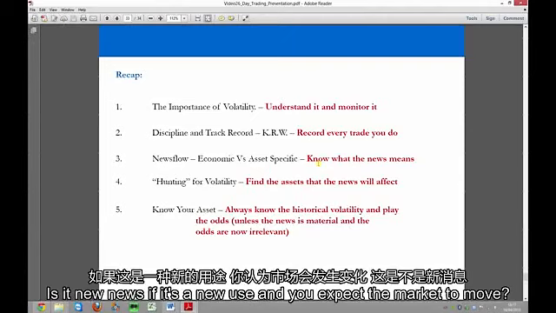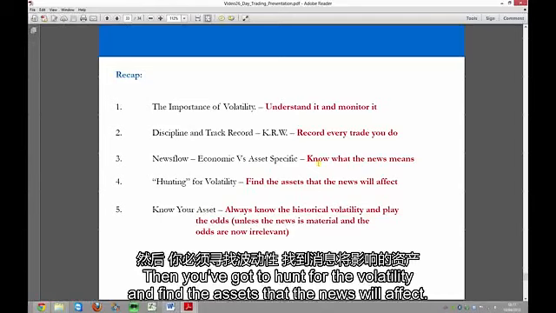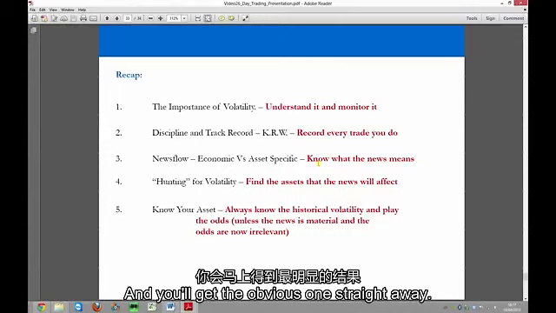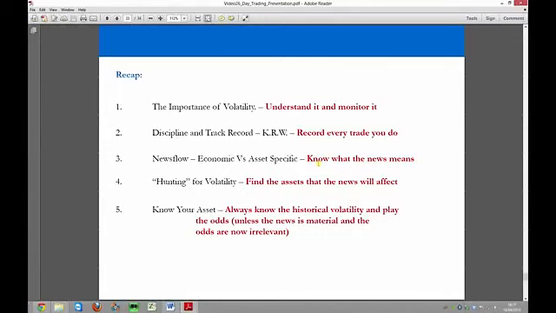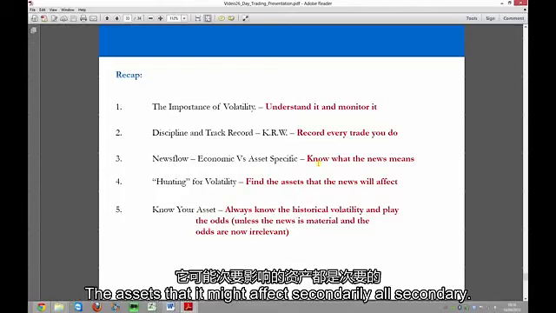If it's new news and you expect the market to move, then you've got to hunt for the volatility and find the assets that the news will affect. And you'll get the obvious one straight away. And you'll have to hunt a bit further down the value chain to find the assets that it might affect secondarily.